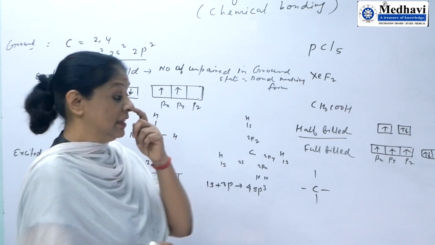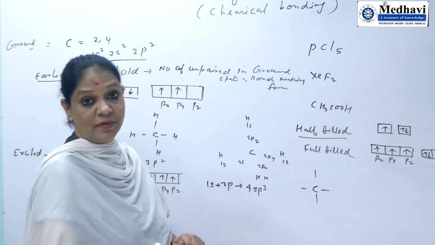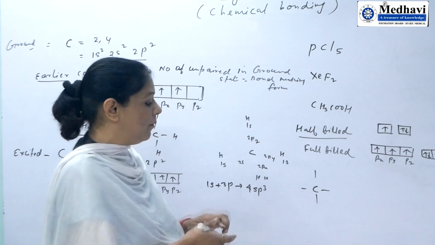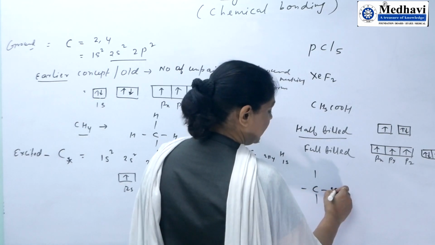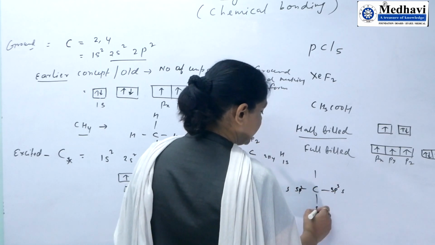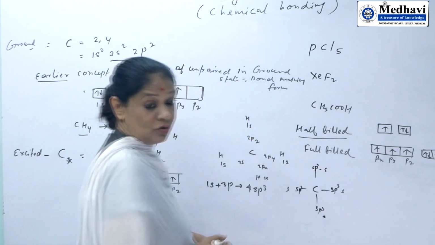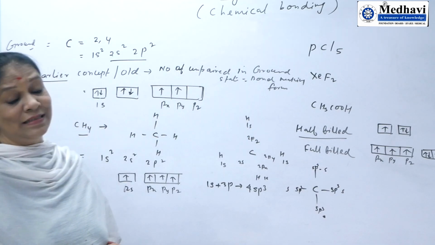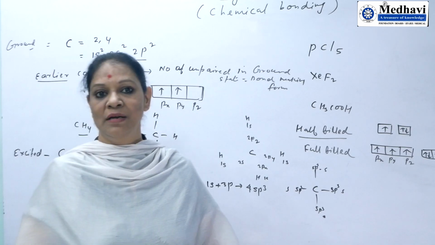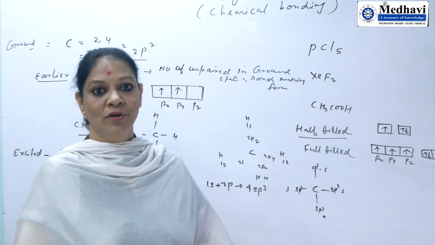The bond is between hybrid orbital sp3 and s. So all the bonds, this is sp3-s, this is sp3-s, this is sp3-s, this is sp3-s. So all the hybrid orbitals are the same, so the type of bond will be the same, bond length will be the same, bond angle will be the same.